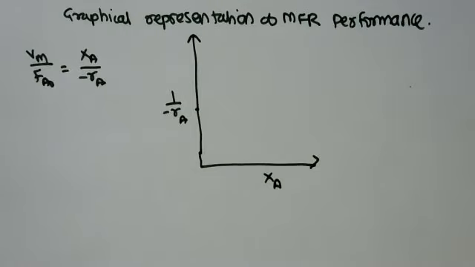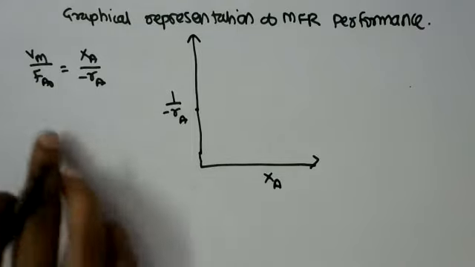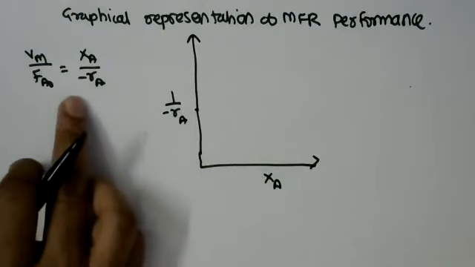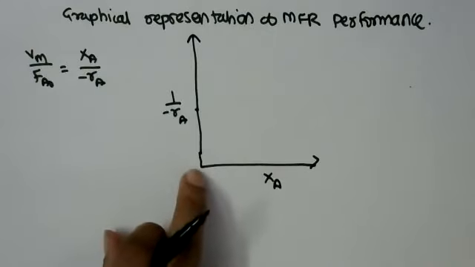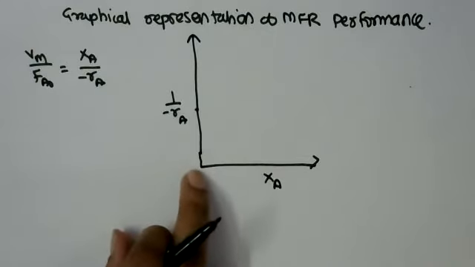Now, when the data of rate of disappearance of A and conversion is available, then you can use this form of the performance equation. When the conversion is 0, it represents the initial condition.